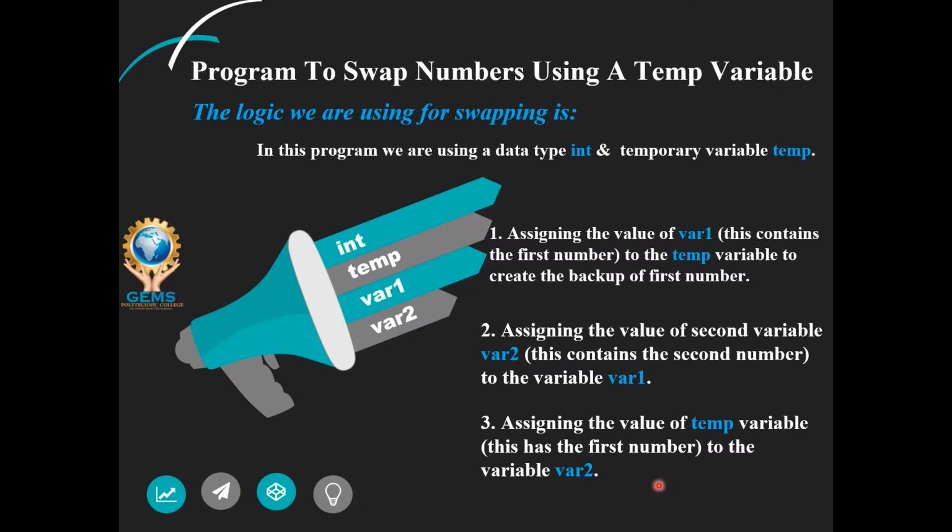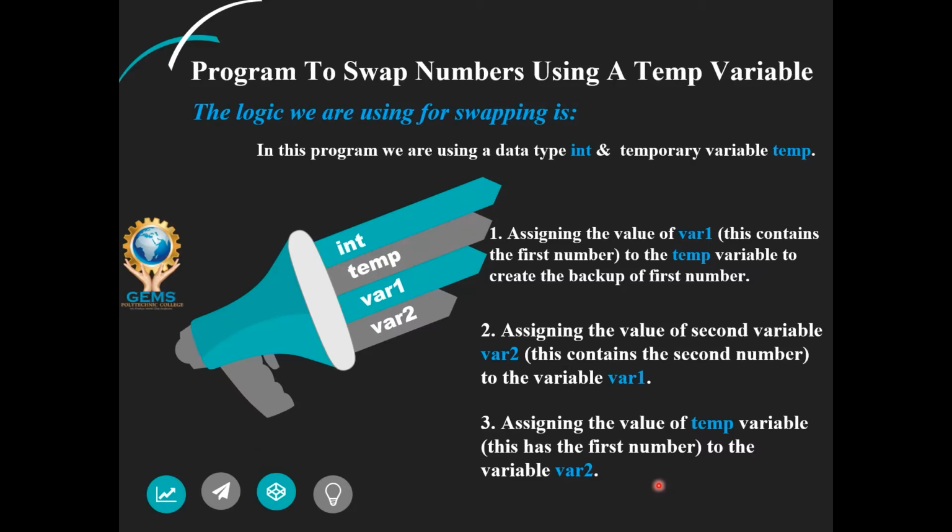Third point says the value which is held by the temp variable is going to be assigned to variable 2. Based on these three basic points, our program will flow.